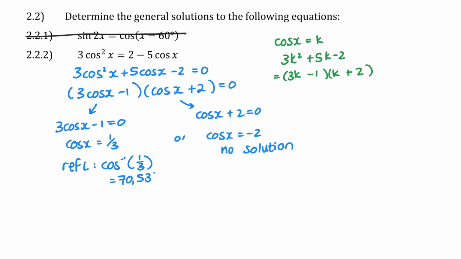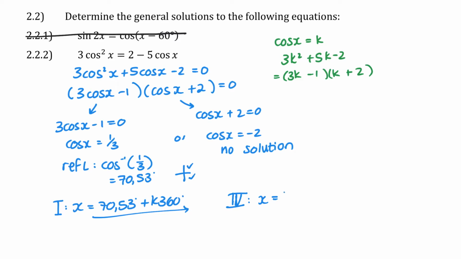And so since cos is positive, I'm dealing in two quadrants, the first quadrant and the fourth quadrant. So in the first quadrant, x will be 70.53 plus my repeat of 360. And in the fourth quadrant, x will be 360 degrees minus 70.53 plus my repeat of 360.